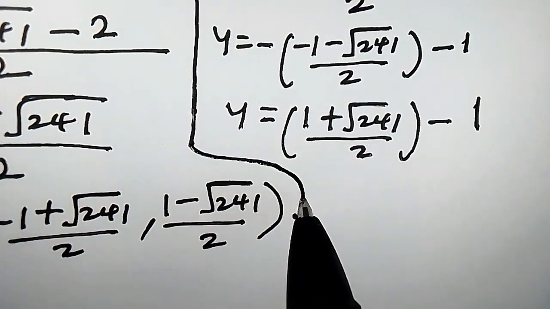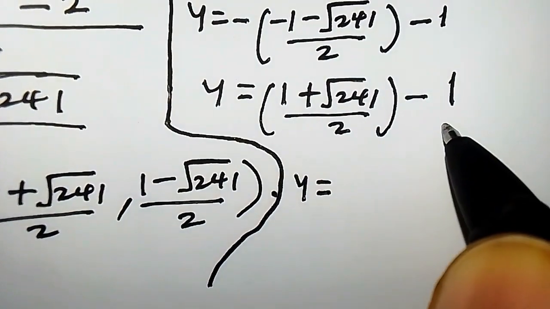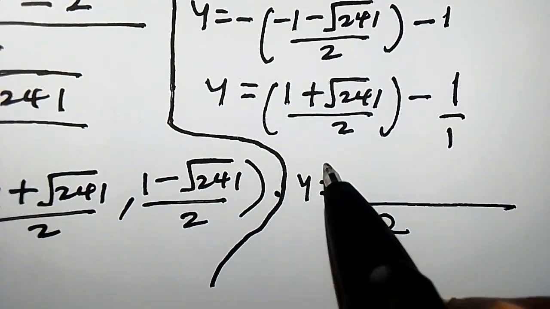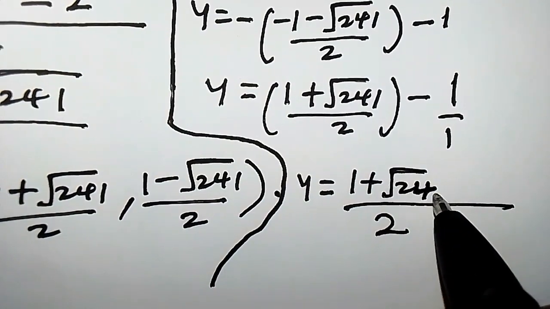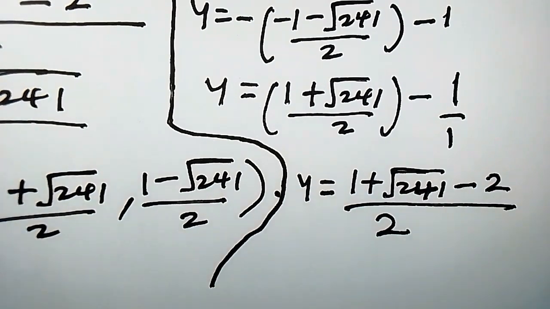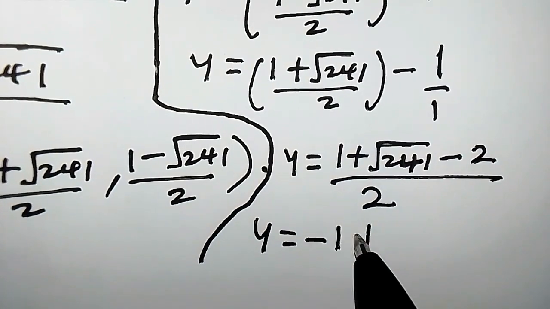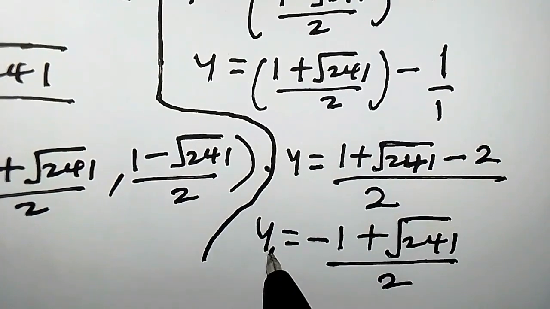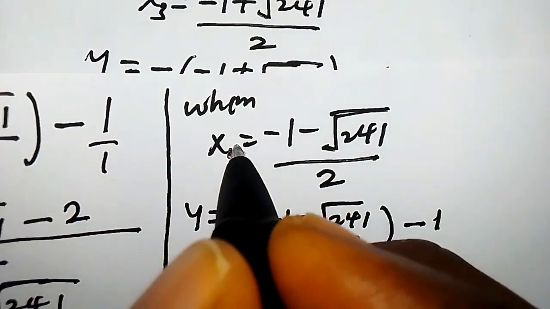Y is equal to, if you take the LCM, it is 2. 2 over 2, that is 1. 1 times this numerator, we have 1 plus root 241 minus 2 over 1 times 2, that is simply 2. So y is equal to 1 minus 2, that is minus 1, plus root 241 divided by 2. Let us call this y4 and this guy x4.